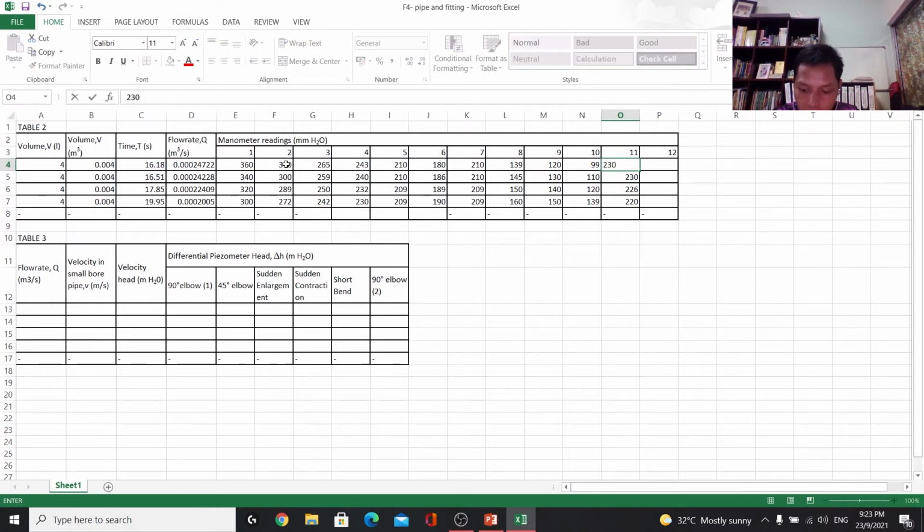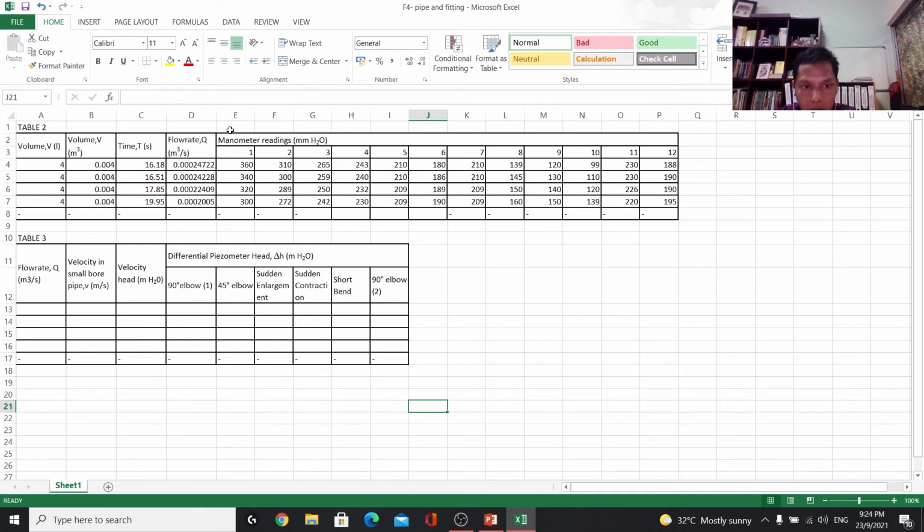Now 188, 190, 195. So that's it for the millimeter reading, millimeter H2O here.